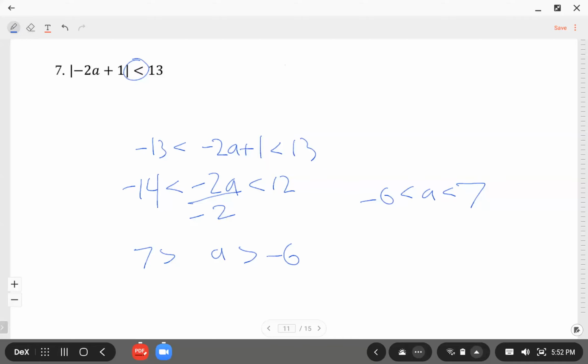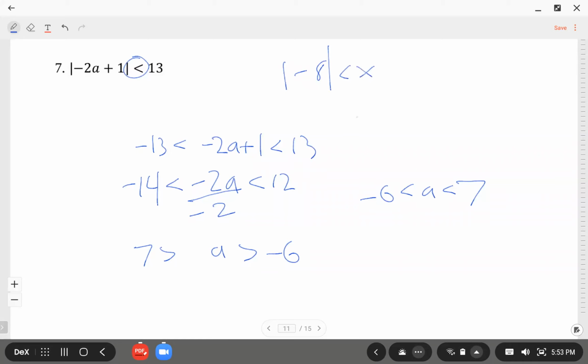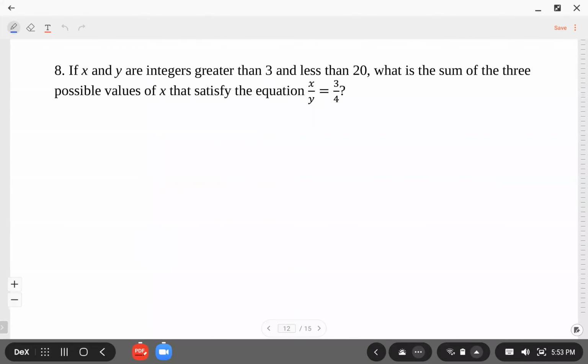I already showed you: the absolute value of -8 less than x means -8 is less than x is less than 8. It's going to be in between. So now that we know that, we don't even need to think about it. Let's just put it in between -13 and 13, and we can just get rid of the absolute value. So, yeah, that's the answer. This is our 8th problem.